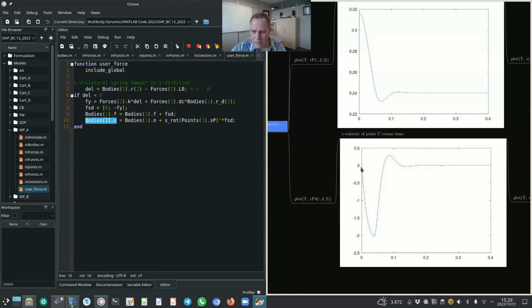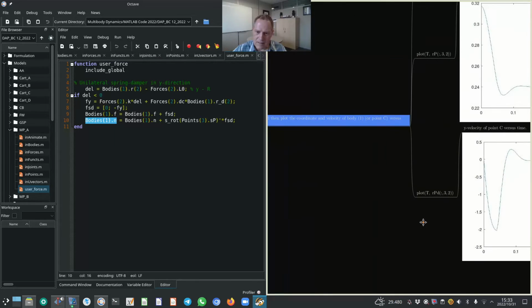And the y velocity, you can see it starts from rest. It has a negative velocity, so it's traveling downwards. It then impacts the ground, and this behavior, velocity wise, in the y direction of point C, is the transition phase until the y velocity then stabilizes at 0. There's no movement in the y direction after stabilization. So, alright, with that said, let's carry on.